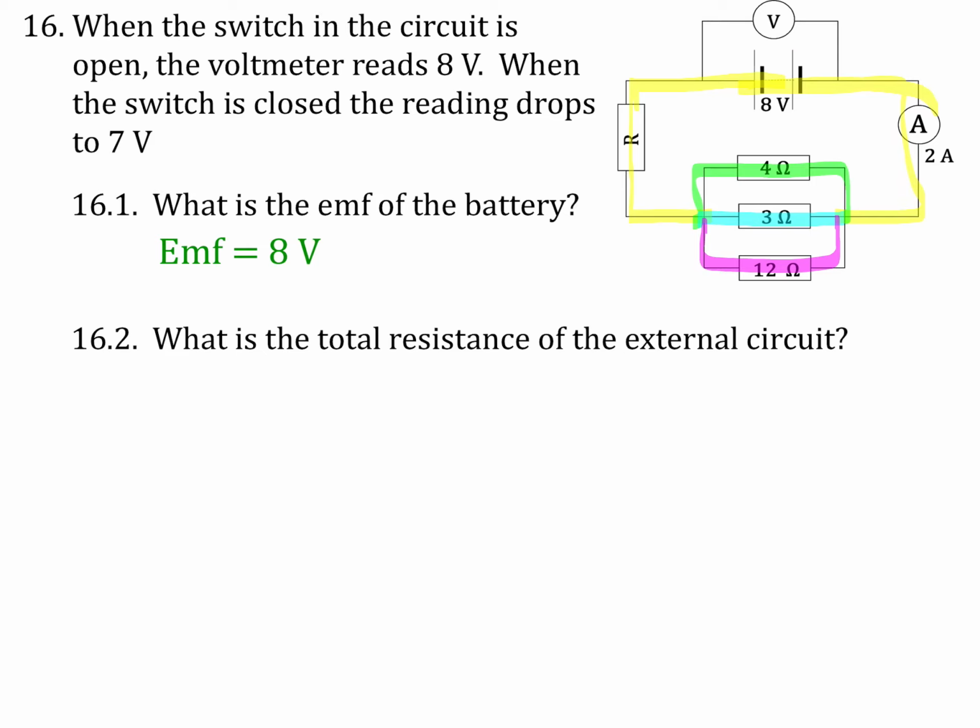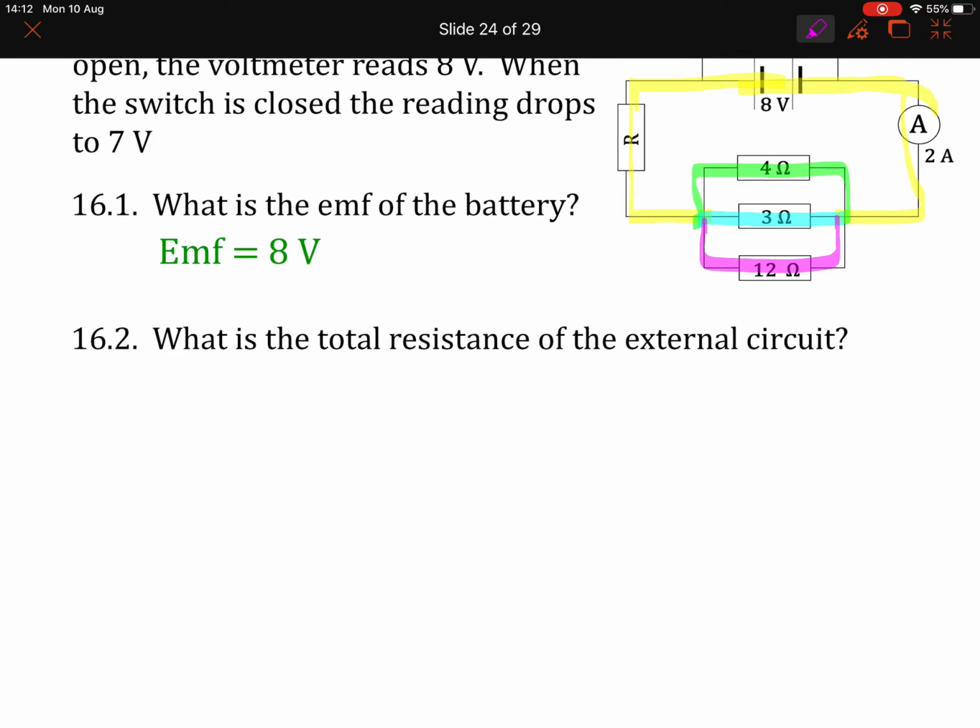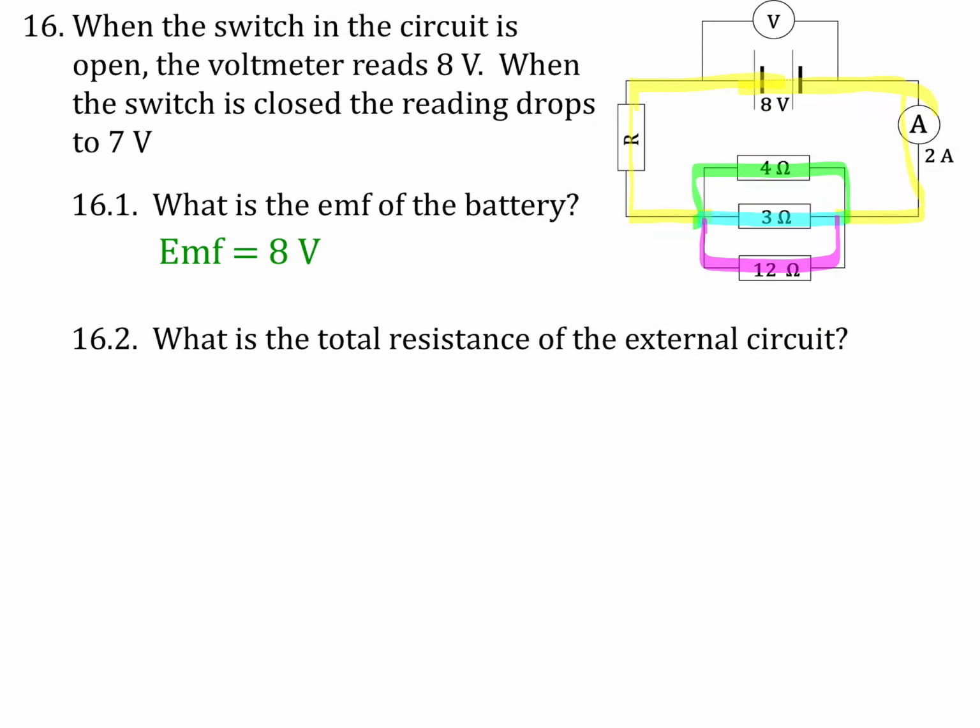First of all, the reading on the voltmeter. I just want to change this to a pen because it'll be easier. So the reading on the voltmeter when the switch is open is 8 volts, which is my EMF. When it's closed, it's equal to 7. Then they ask you for the total resistance of the circuit.